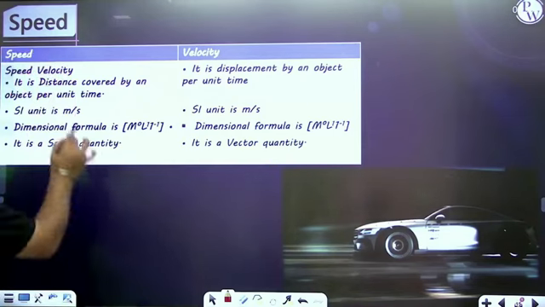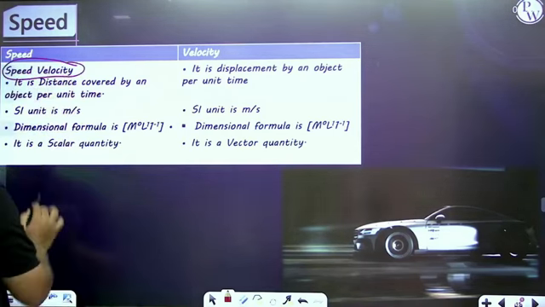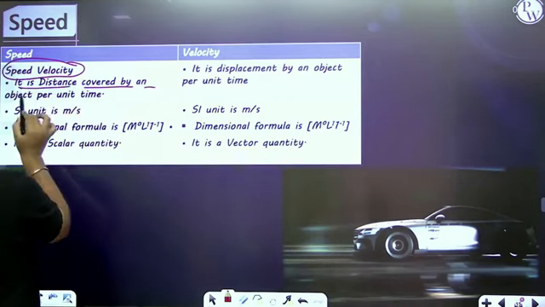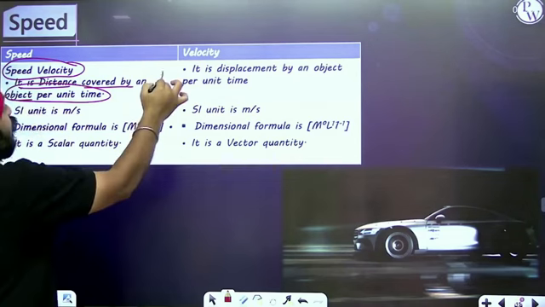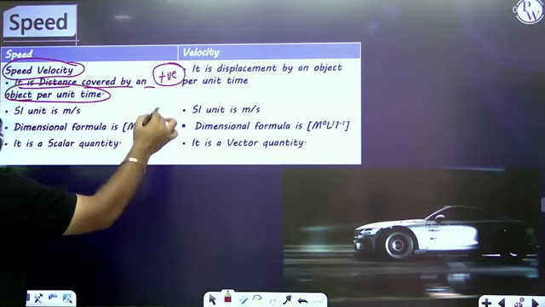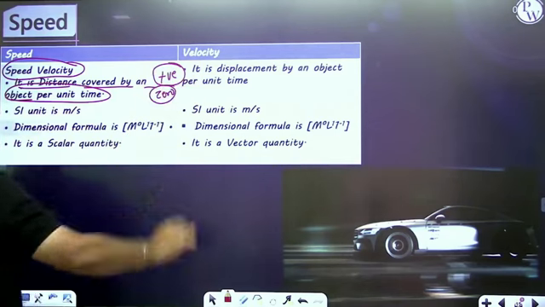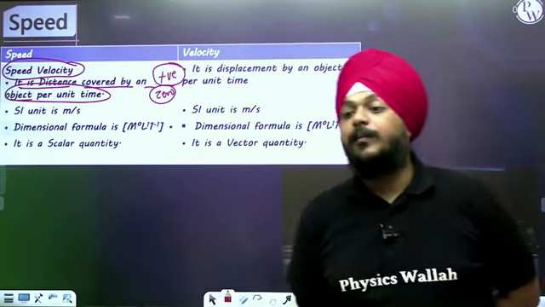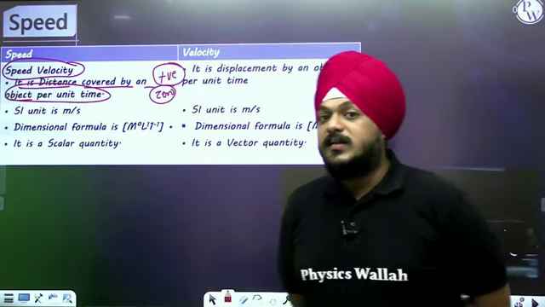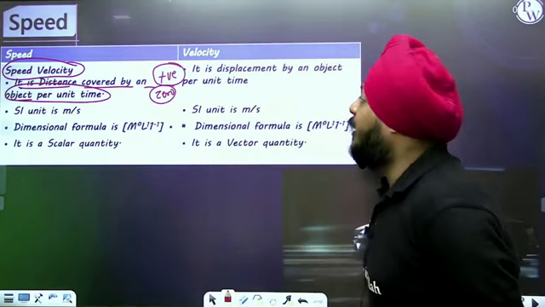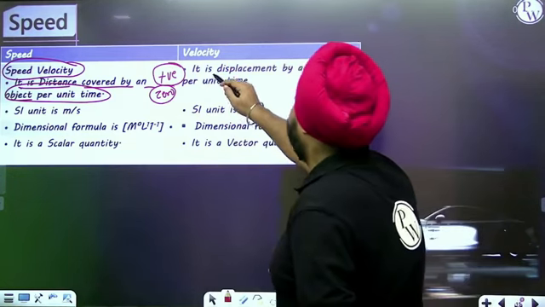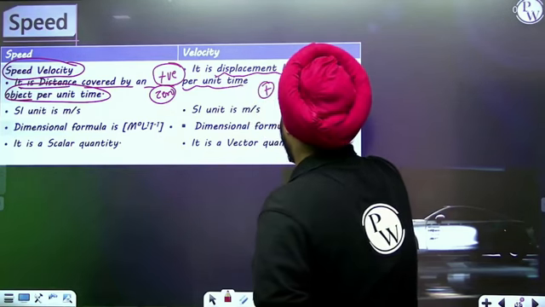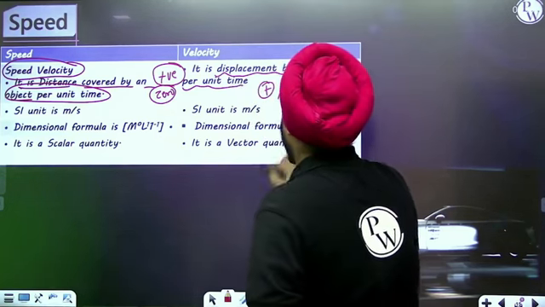Speed, sorry, speed is the distance covered by an object per unit time. It is always positive, or it can be 0. Distance covered in a specific time, while velocity is displacement in a specific unit time. This can be positive, this can be 0, this can be negative.